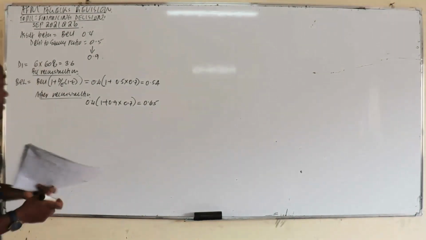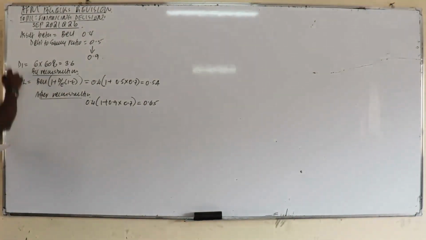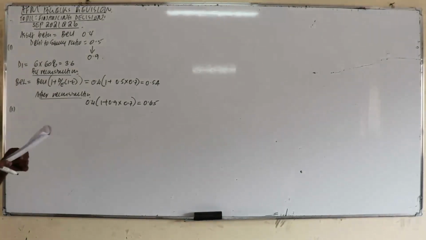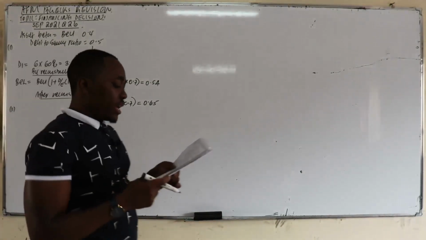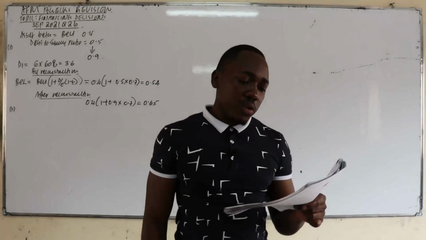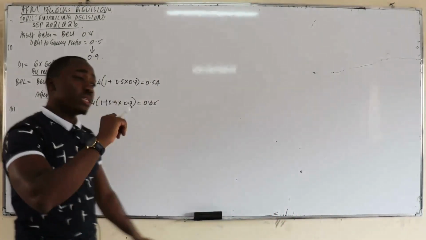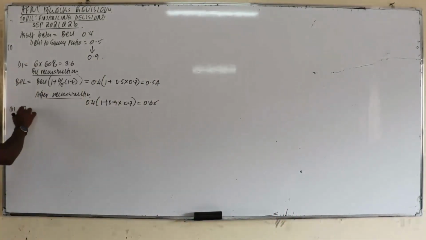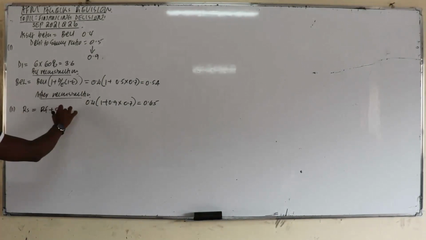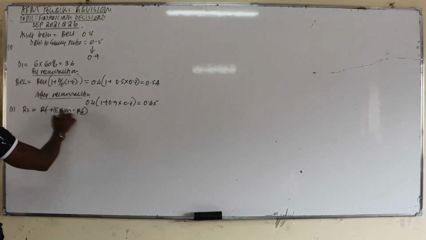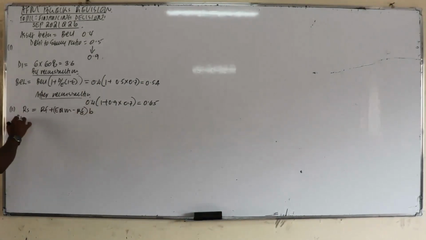Number 2. So you have answered number 1. The firm cost of equity before and after the financial reconstruction using CAPM. Using CAPM, we say that RS, the cost of equity, is the risk-free rate plus the expected return of the market minus risk-free, multiplied by the beta. So we compute before reconstruction and after.